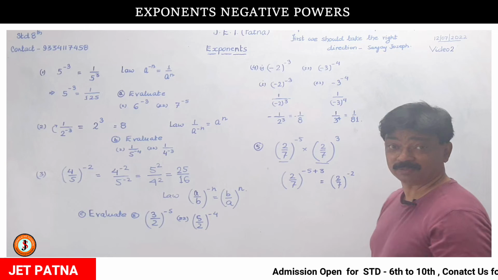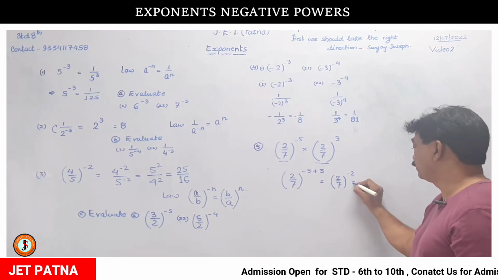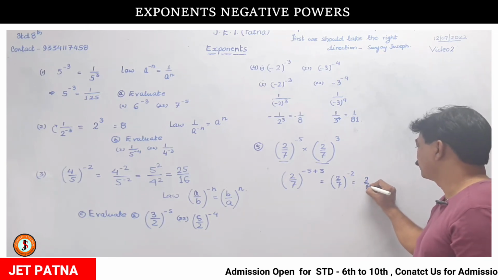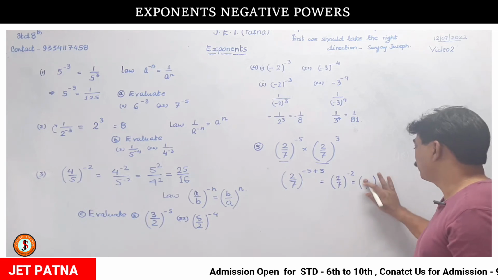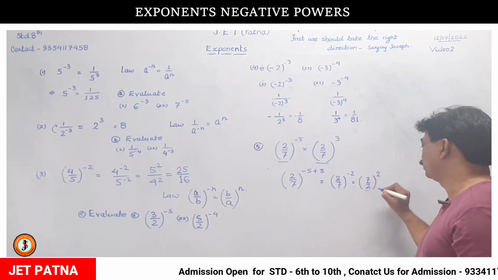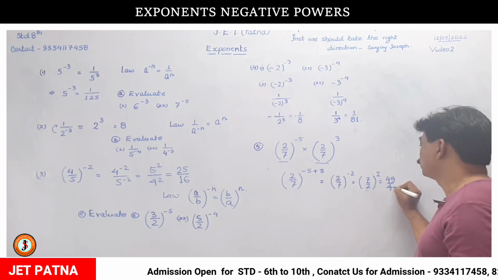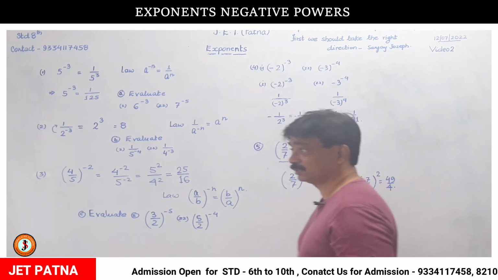But we cannot keep the exponent negative. So what we will do? We will write it down as 7 by 2 to the power 2, that is 49 by 4. So this is how we proceed with such sums.